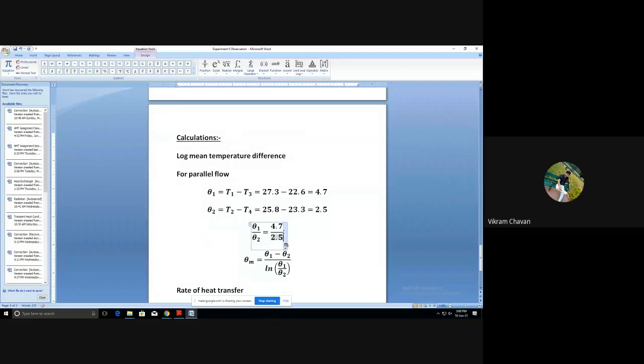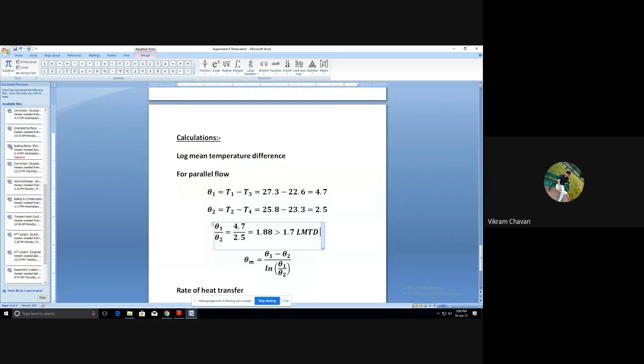Please let me know whether this value is greater than 1.7 or not. It is equal to 1.88 and it is greater than 1.7. So we have to apply the LMTD.